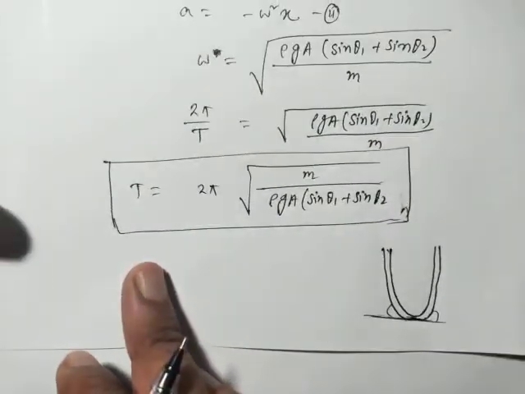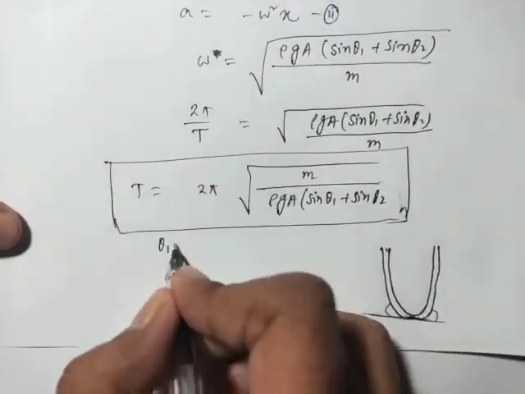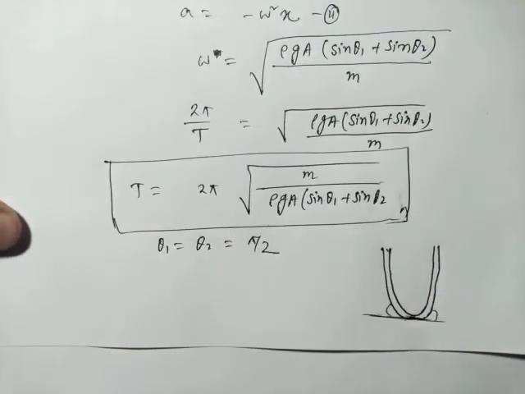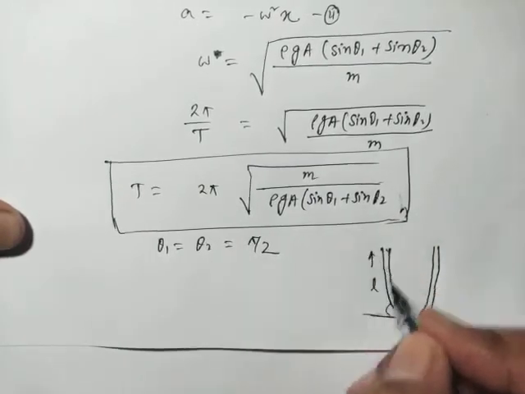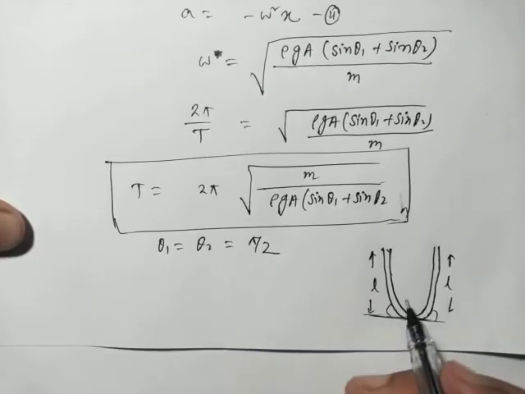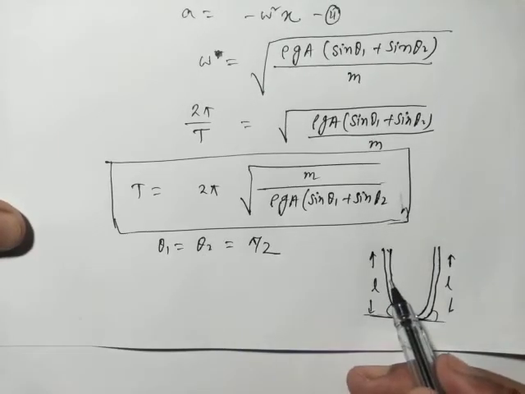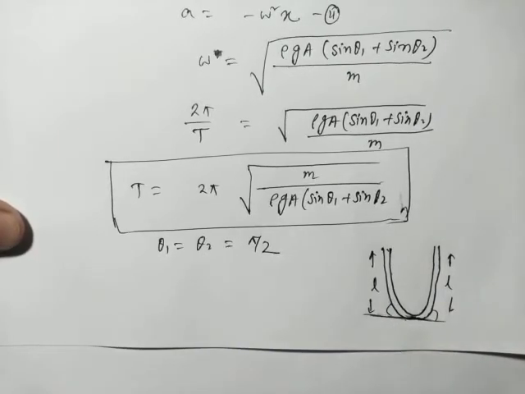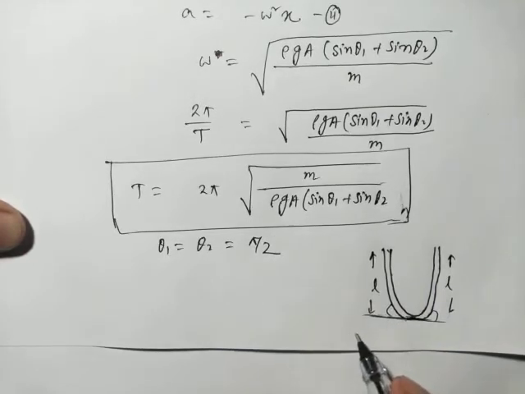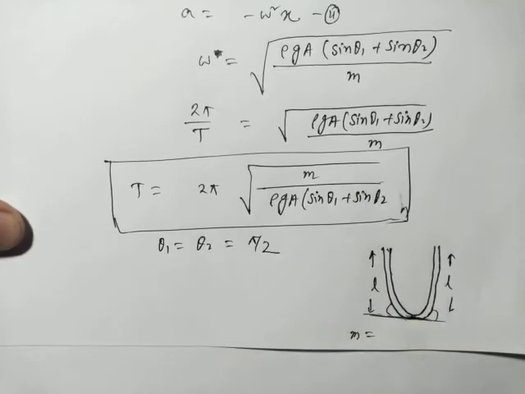So we can substitute for the U tube: theta 1 equals theta 2 equals pi by 2, and if we take this length as L, this length will also be L, and the density of the liquid is rho. What will be the mass?